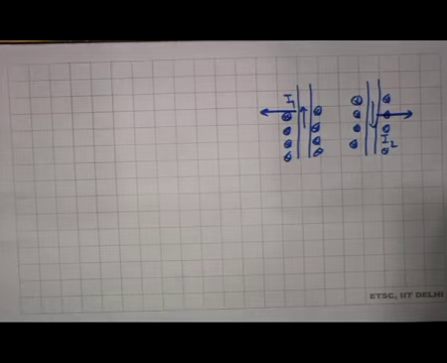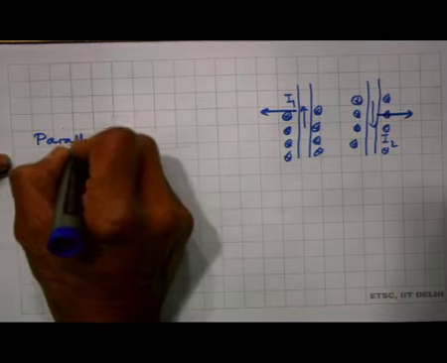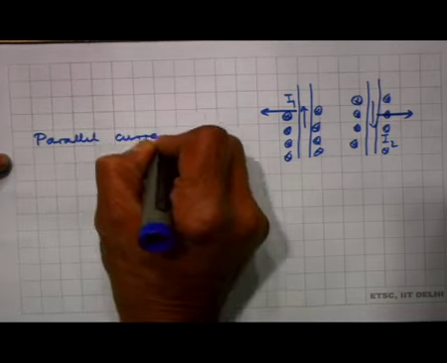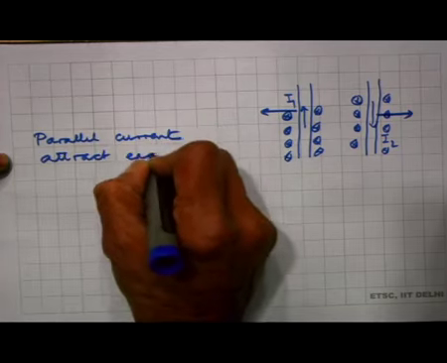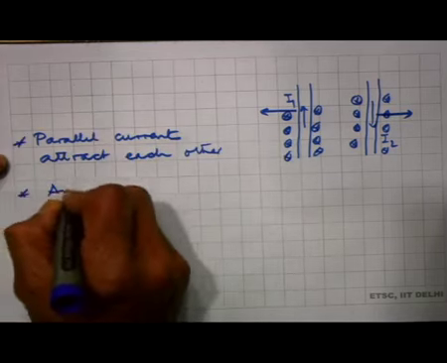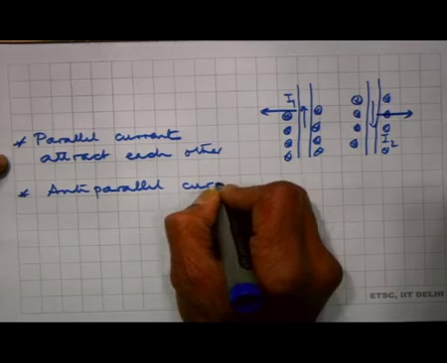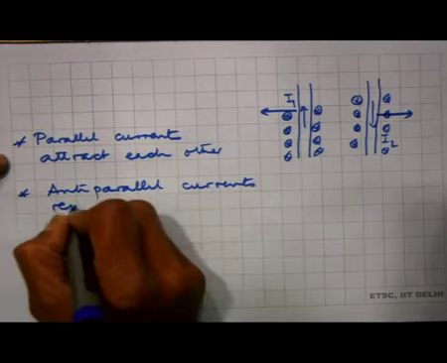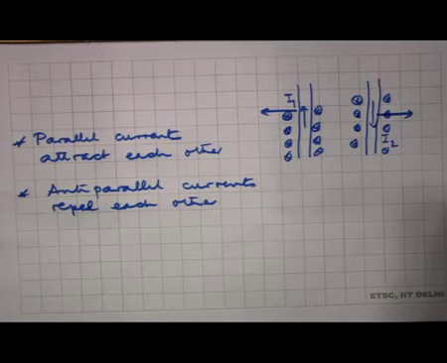So, the forces are now repulsive, and so what we find is parallel currents attract each other, anti-parallel currents repel each other. So, parallel currents attract each other, anti-parallel currents repel each other.